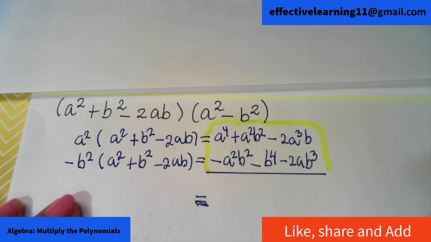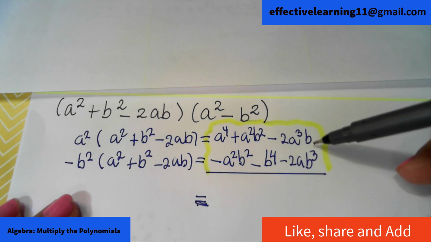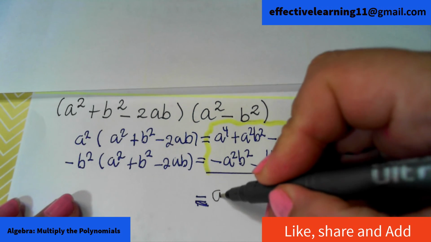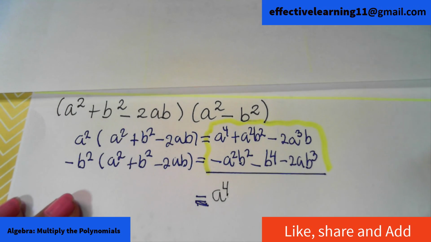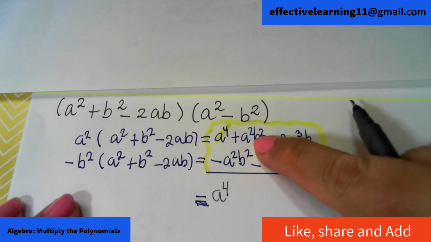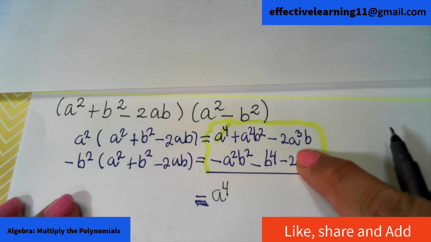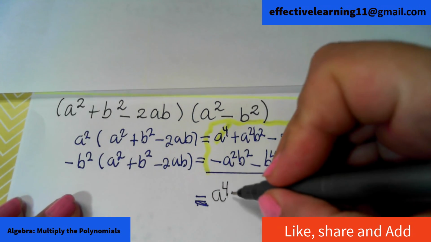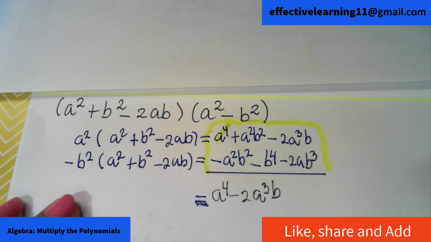Remember, now we have to review and apply how to reduce similar terms. Exponent 4, a with exponent 4: we don't have any of them, you just copy. Here we have a cubed, and you don't have any other with a cubed, you just copy minus 2a cubed b. All right.